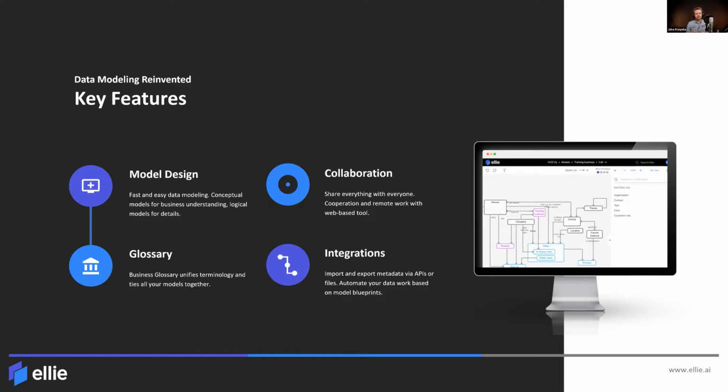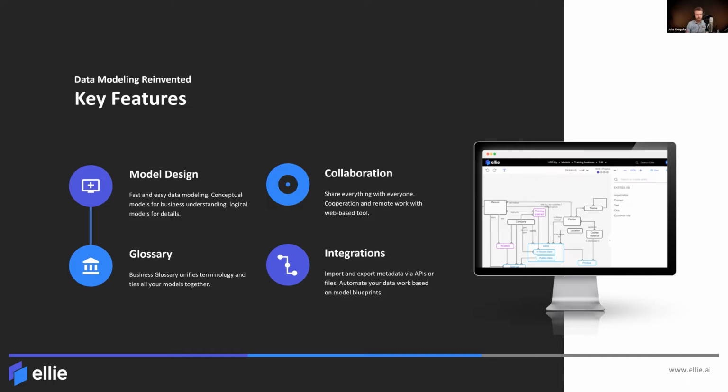The other thing is that we want Ellie to be something that many people can use with different sorts of backgrounds. So it's not just something that your data architects could be doing alone on their laptop somewhere, but we would like the act of data modeling to be something that is collaborative by nature. And the idea is that this has to be something that you can share.